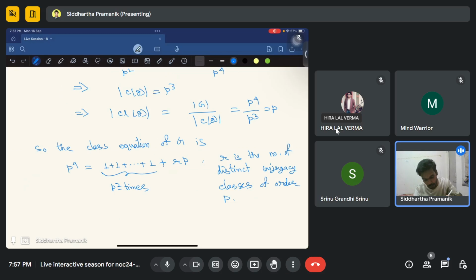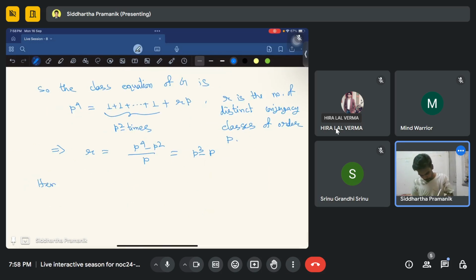So again we need to find this r. So this implies r equals (p to the power 4 minus p squared) divided by p, so this is p cubed minus p.